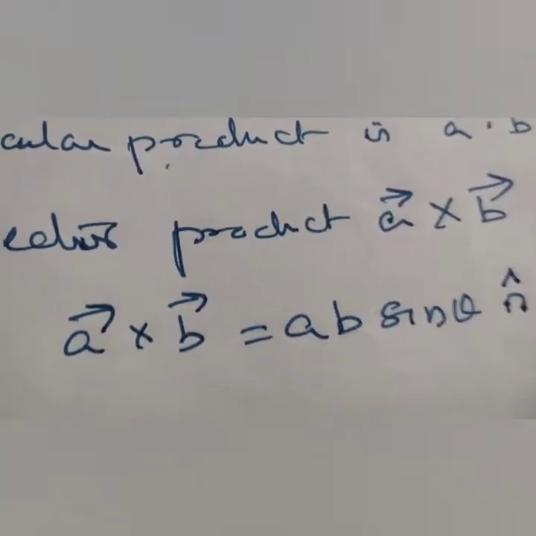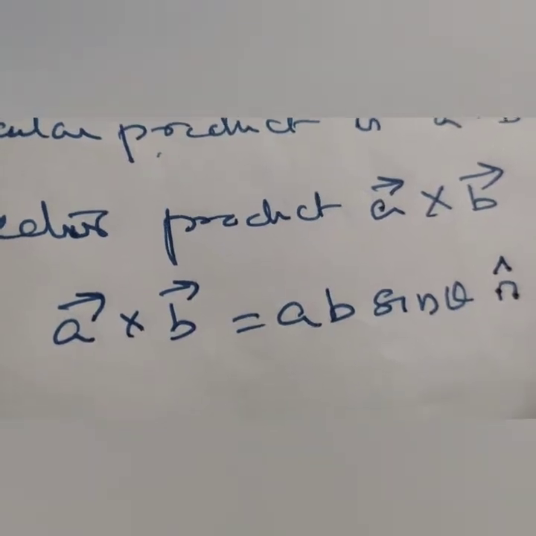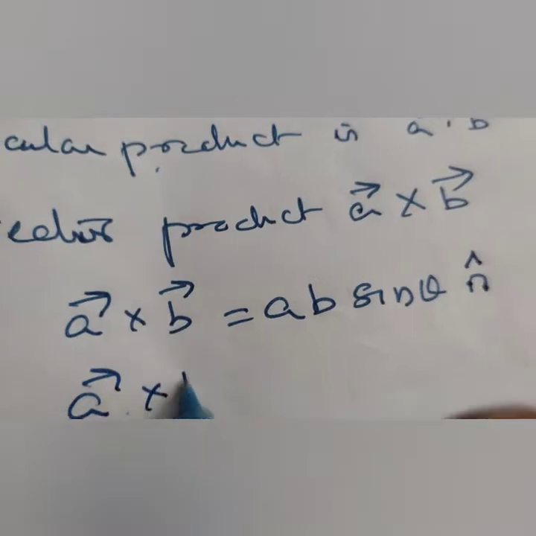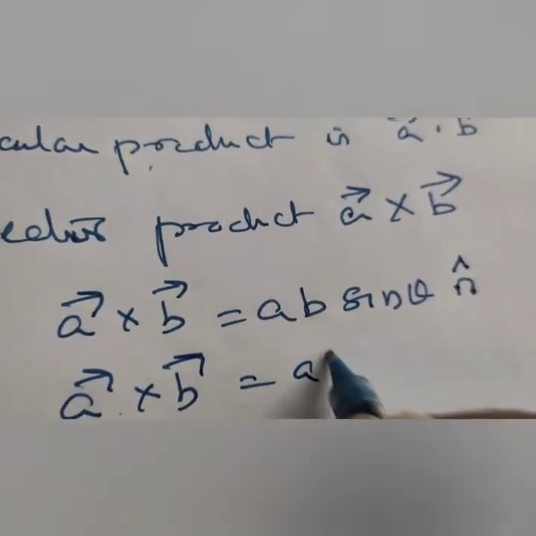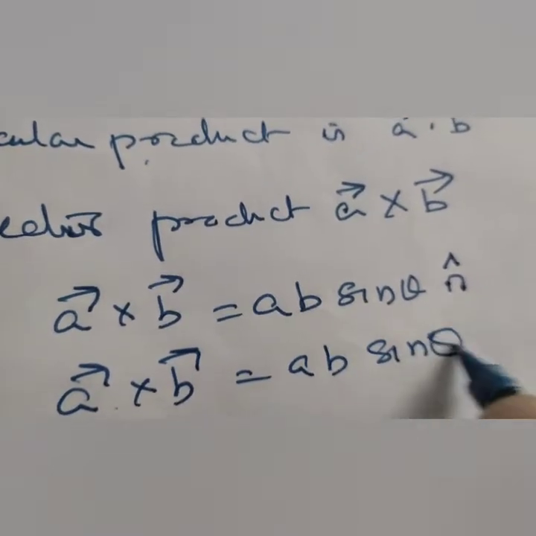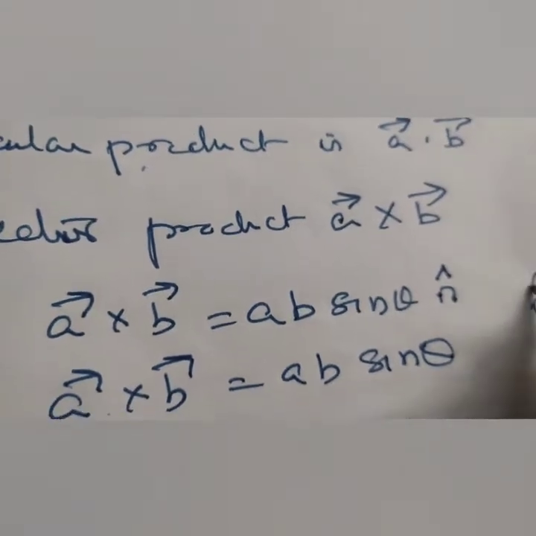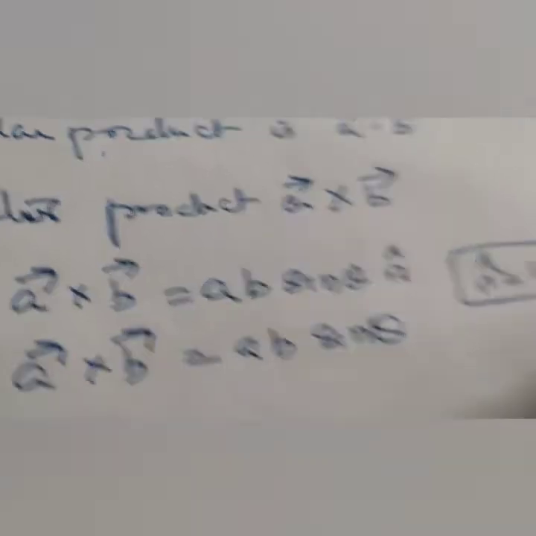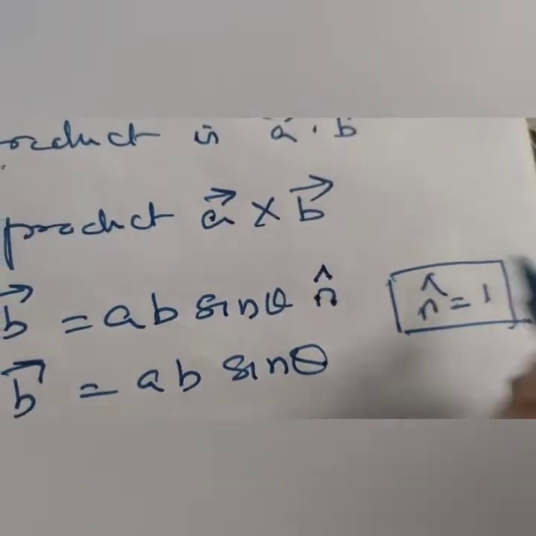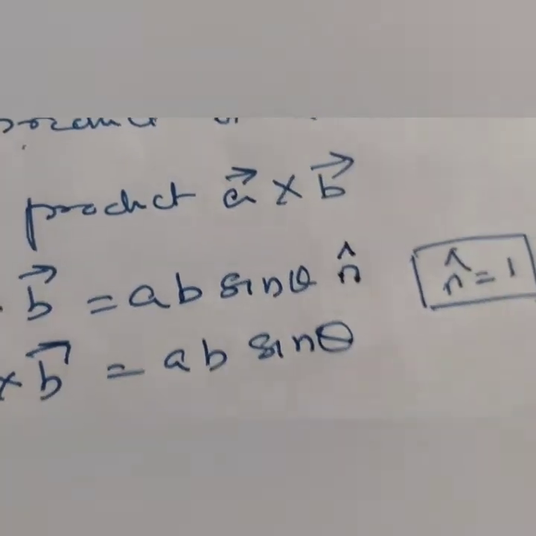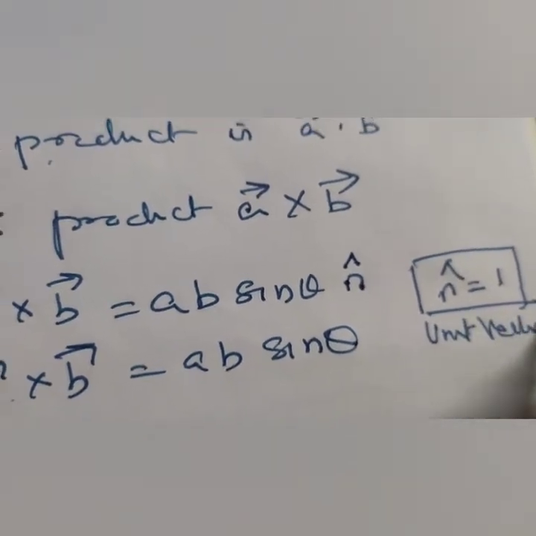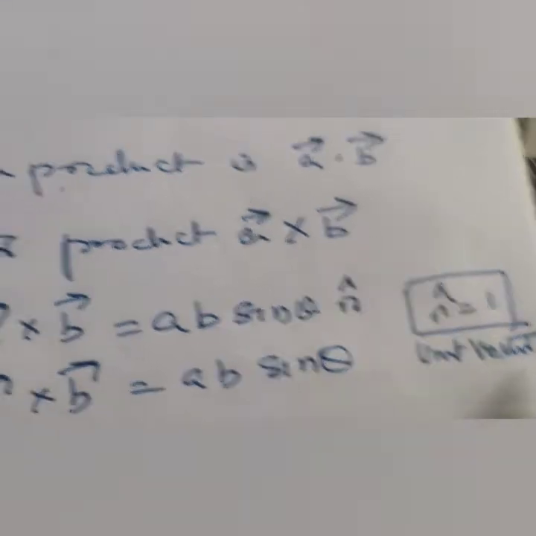Since it is a unit vector, you can take the magnitude of A cross B as AB sin theta, because a unit vector means its magnitude is 1.